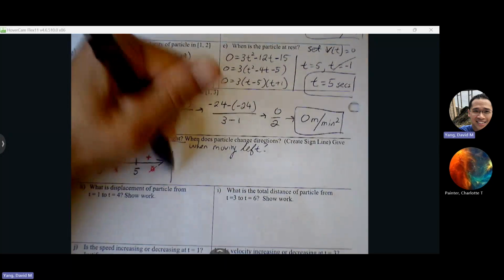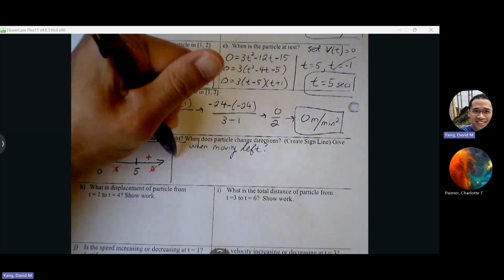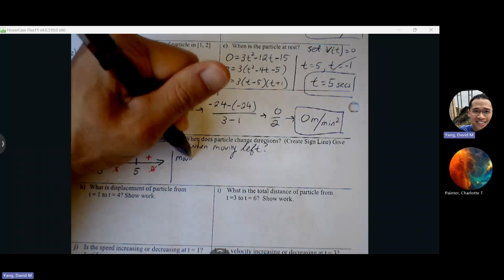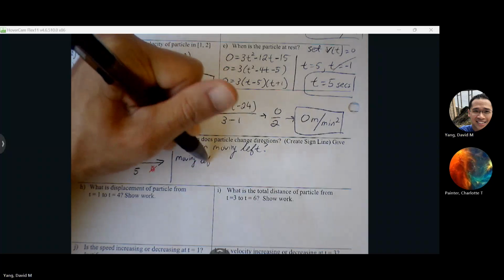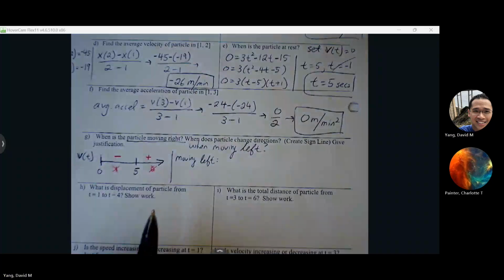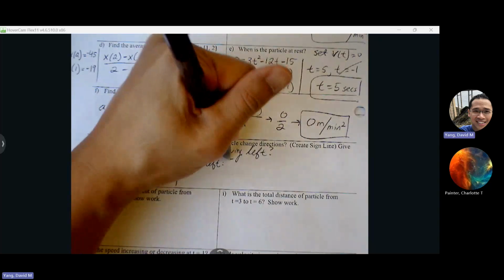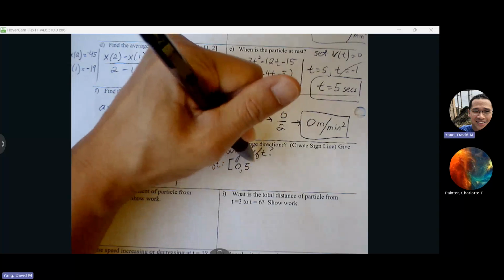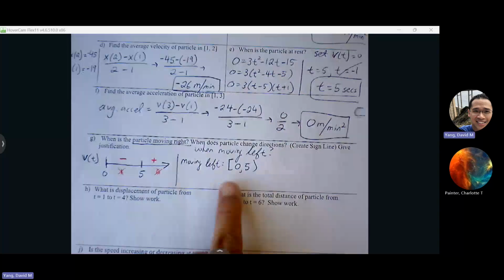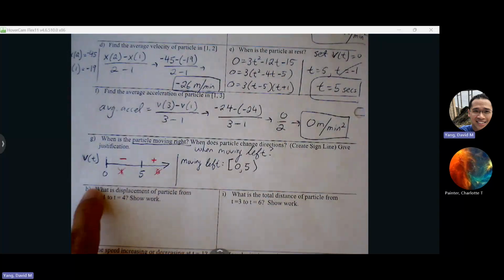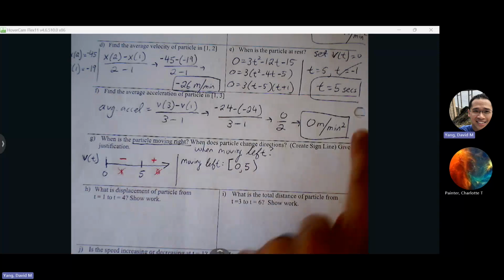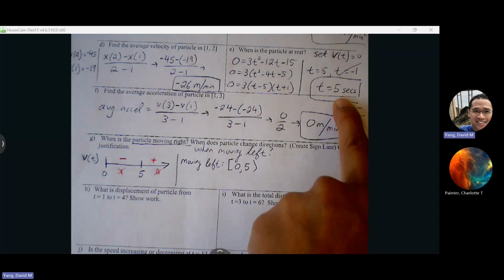Okay, so moving left, moving right, we're going to ask for both of these. So moving left, what would you say? The 0 bracket. Good. 0 to 5, bracket around the 0. The reason is because we want to test 0. 0 is not a moment when the particle is at rest, so it may already be moving.